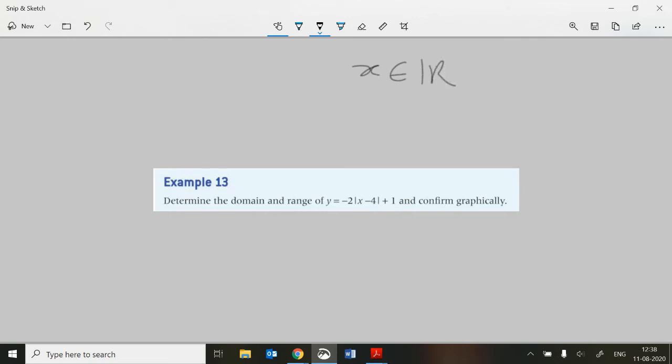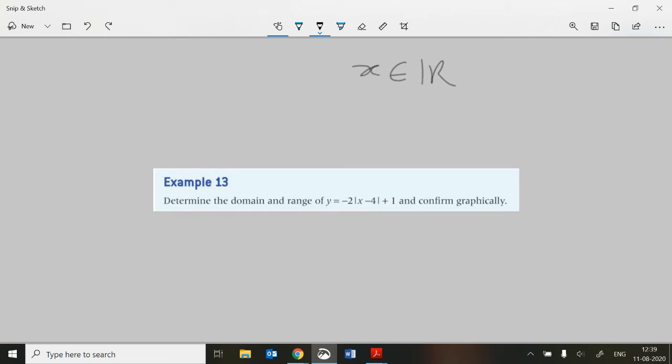Now, in terms of the values which you can get out, your y values, remember that the smallest possible value you can get out for a modulus sign is a bit like squaring something. Because when you square something, you always get a positive answer. And when you take the modulus, you always get a positive answer, or potentially you get 0. So you get 0 when you put in 4.